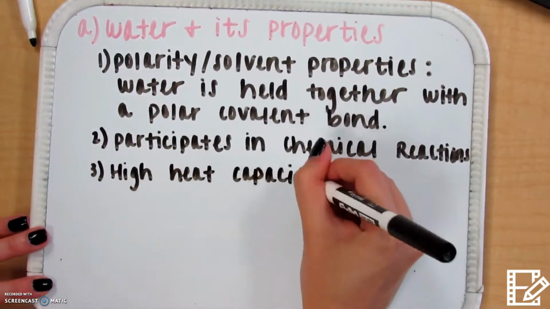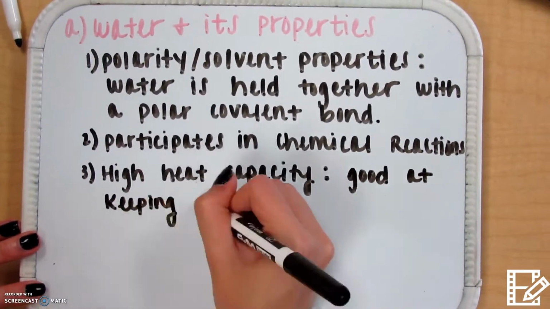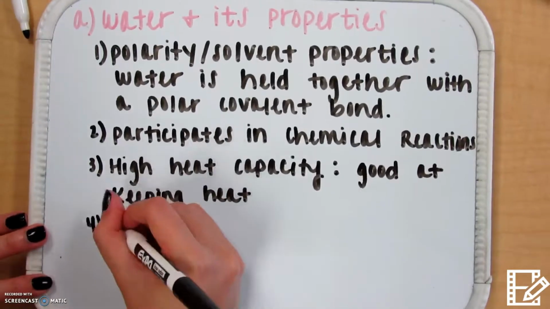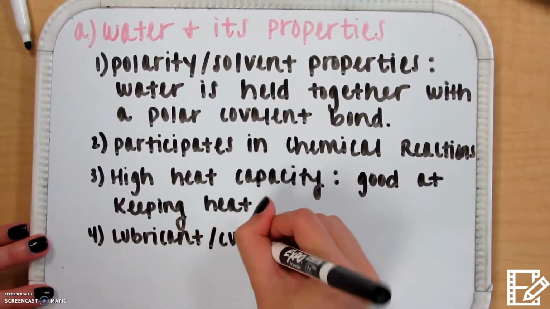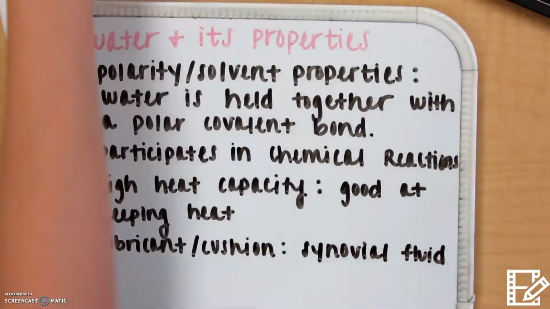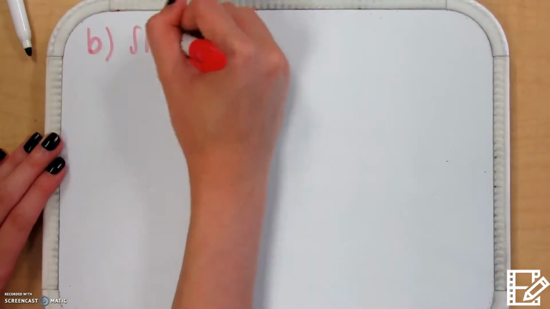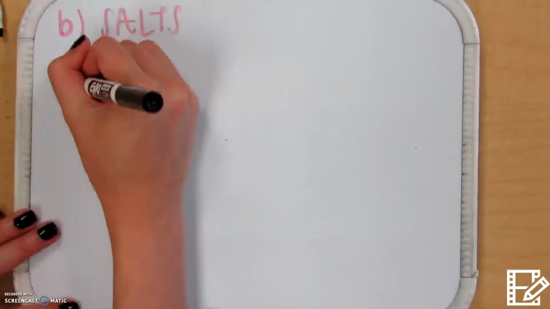Water also has a high heat capacity, and it's good at keeping the heat. Water is also a good lubricant and a cushion. An example of this is synovial fluid, which is between your joints, and serous fluids.